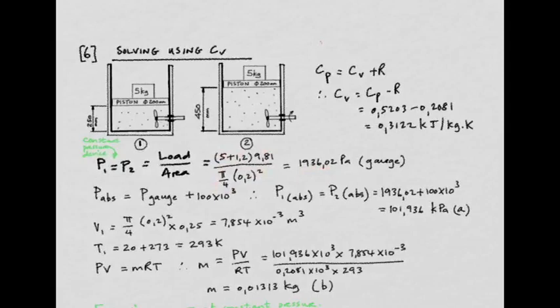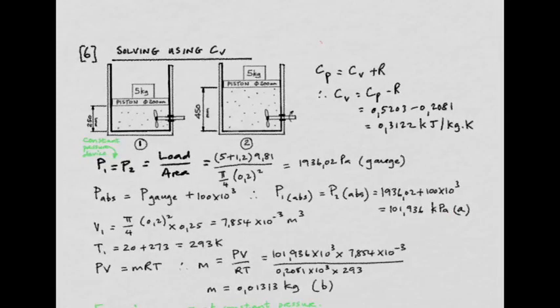That would be gauge pressure, in other words, measured above atmospheric. The reason we need absolute pressure is that when we put pressure into our thermodynamics calculations, it must be absolute. Absolute is gauge plus atmospheric. You were told the atmospheric if you look at the question. So you add the two together and you find that the absolute pressure is 101.936 kilopascals.